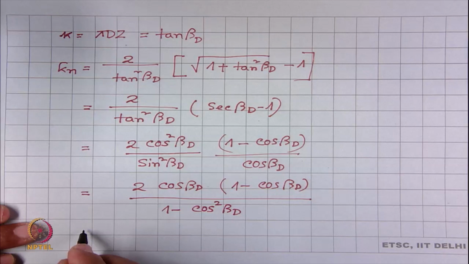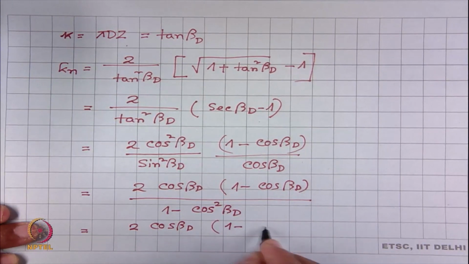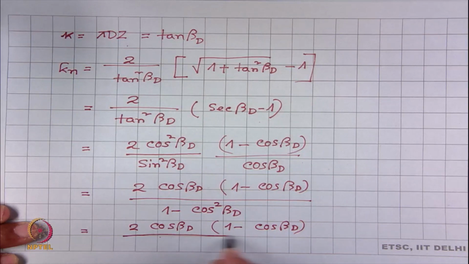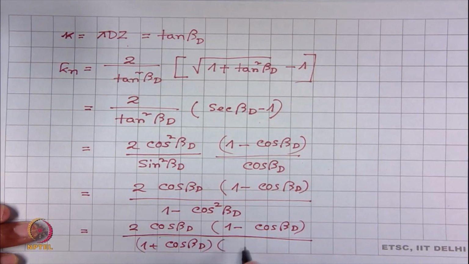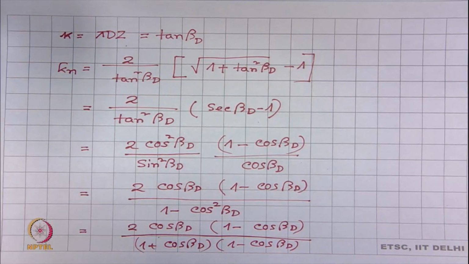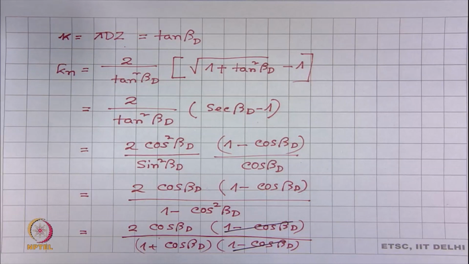Further we can write 2 cos beta d, 1 minus cos beta d, over 1 plus cos beta d, 1 minus cos beta d. Now, what we see is that these two terms are cancelling out.